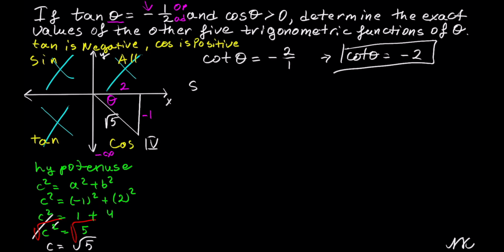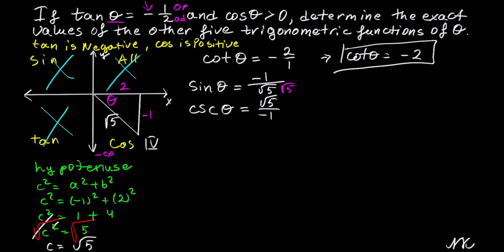Now we can calculate sine of theta, which is a ratio of opposite side, which is -1, divided by hypotenuse, which is radical 5. We need to rationalize this, but before I do so, let's calculate the reciprocal of sine, which is cosecant of theta. This is equal to the reciprocal of -1 out of radical 5, which is radical 5 out of -1. So in order to rationalize sine of theta, we need one more factor of radical 5 in the denominator.